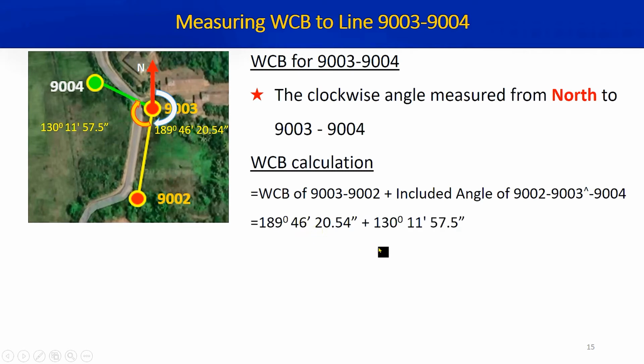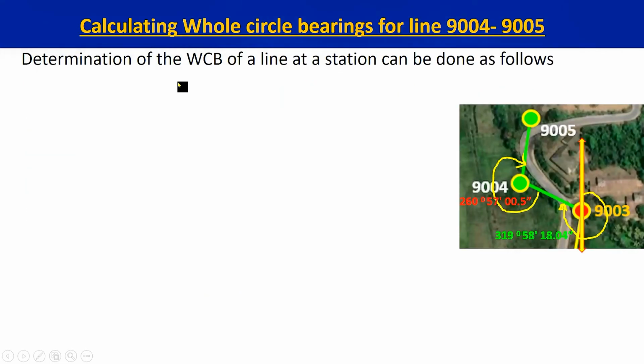So easily we can get the angle from north to the 9003, 9004 line. It is 319 degrees, 58 minutes and 18.04 seconds. Similarly, we can calculate the whole circle bearings or WCBs for other lines as well.